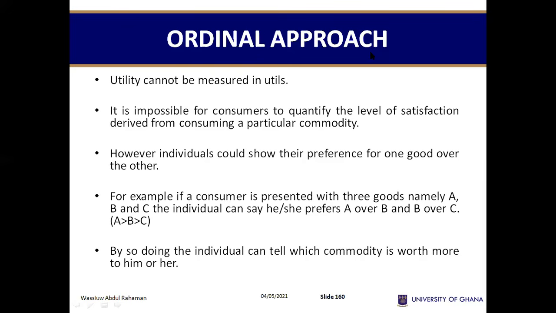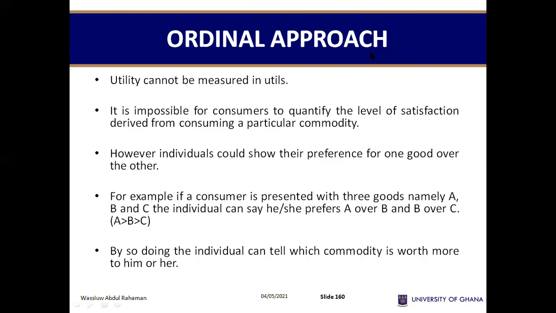So if the price is in cedis, then that condition means that the marginal utility per cedi of one commodity should be equal to the marginal utility per cedi for the other commodity. And you can use that condition to also derive the demand curve.